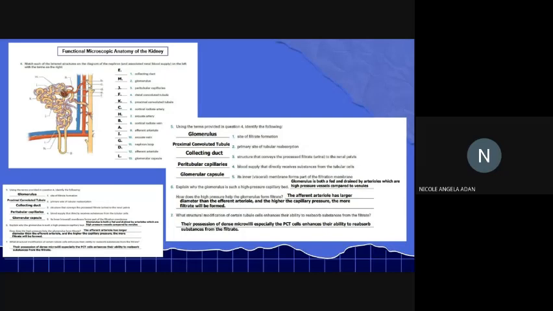Number 8, trace a drop of blood from the time it enters the kidney through the renal artery, and it leaves through the renal vein.